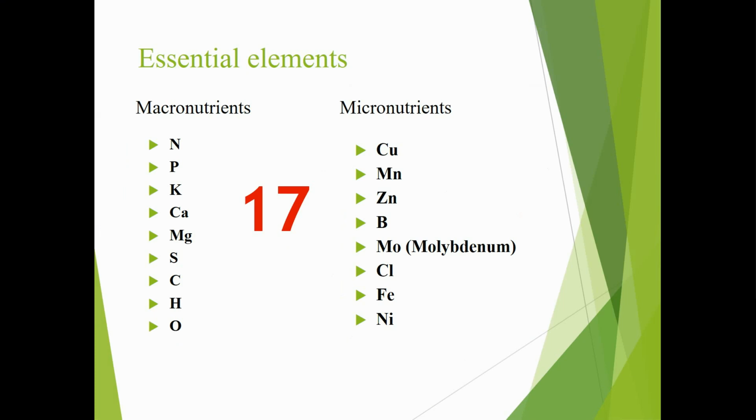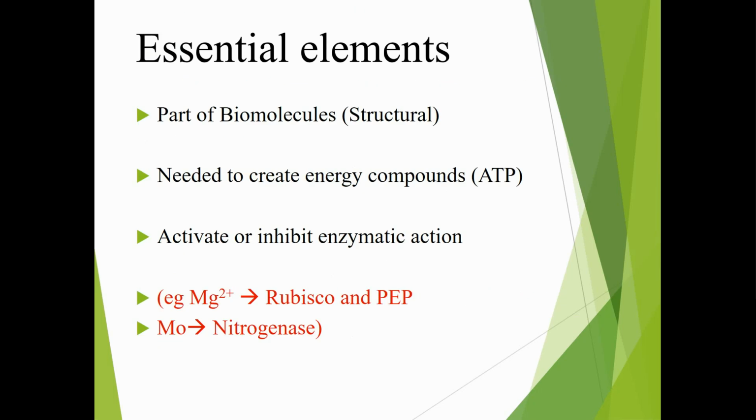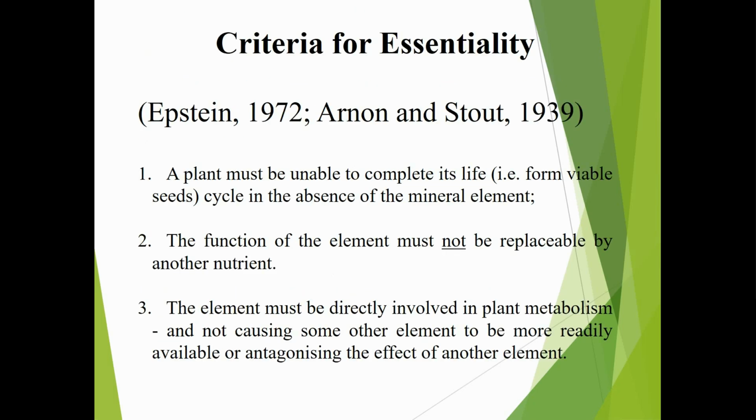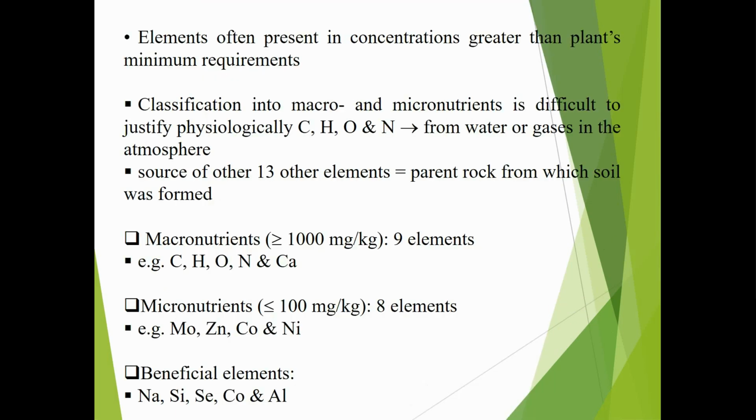We acknowledge that there are many different ways of classifying essential elements. We acknowledge 17 macro and micro elements, based on Arnon and Stout, 1939. We use their classification. There are other types of classification, such as the groups.